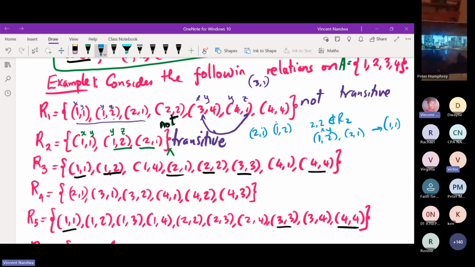Because if you find x related to y and y related to z in the same relation, then it calls for x being related to z. If it's not there, then it doesn't satisfy the definition of transitive. So if we can find one counterexample, that's enough to say this relation is not transitive.